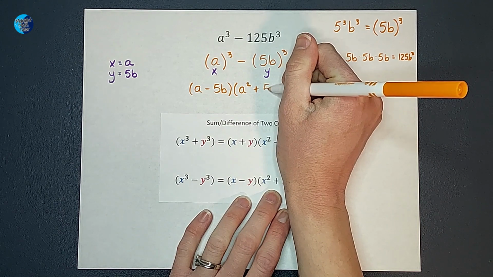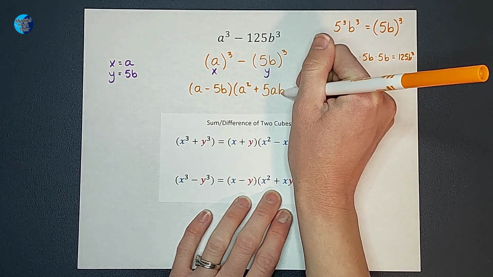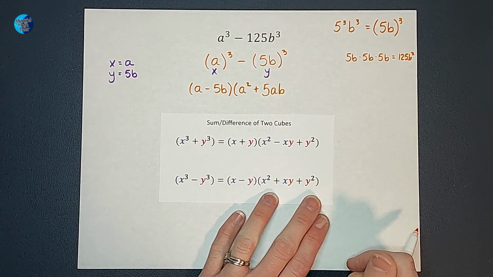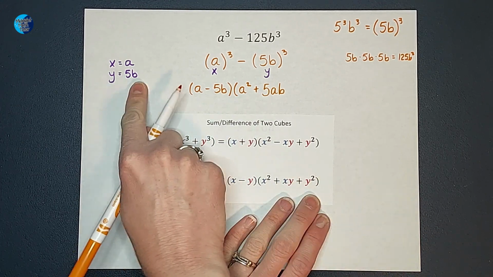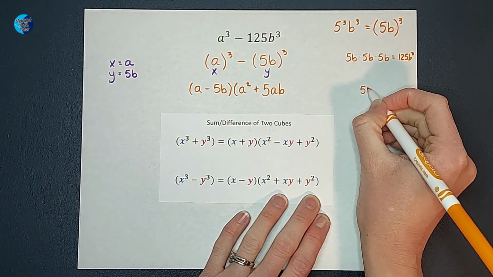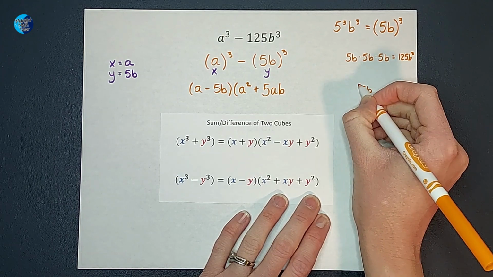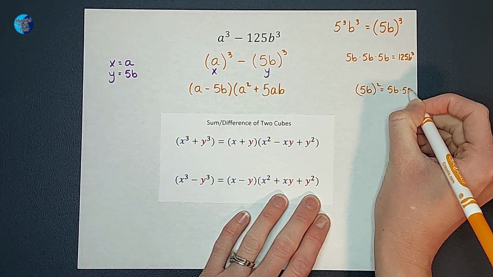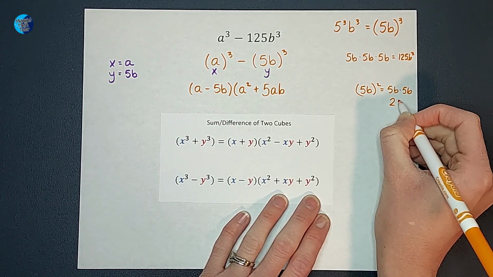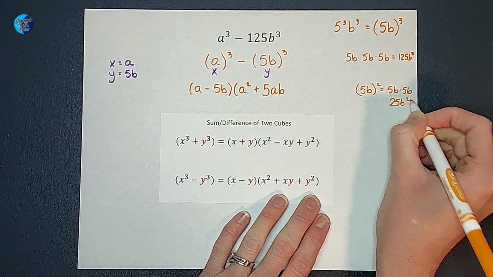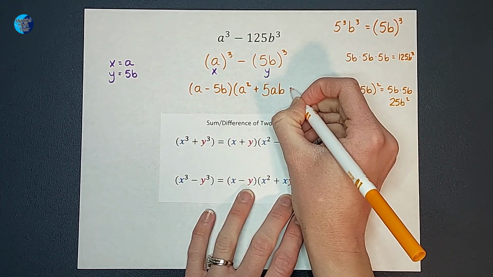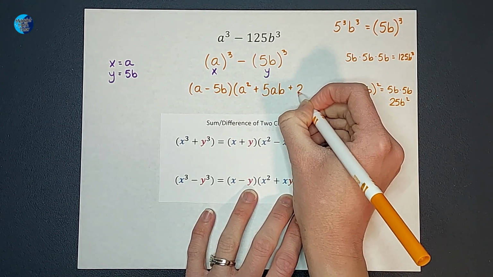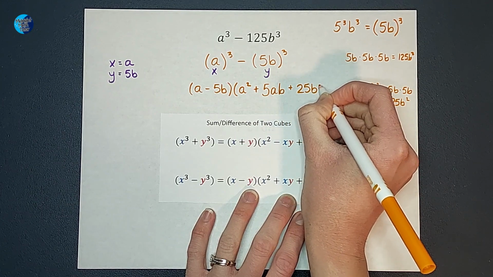So I'm going to write that as 5ab plus y squared. Now y is 5b. And if I am squaring that or doing 5b times 5b, 5 times 5 is 25 and b times b is b squared. So plus 25b squared.